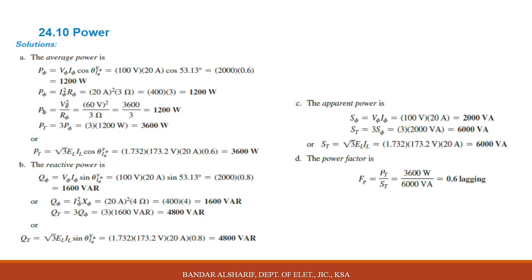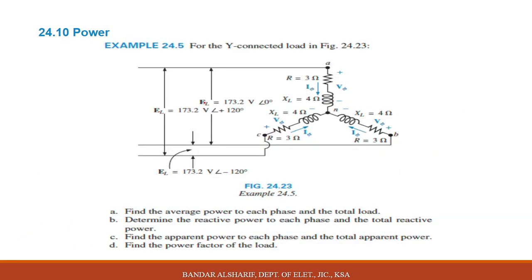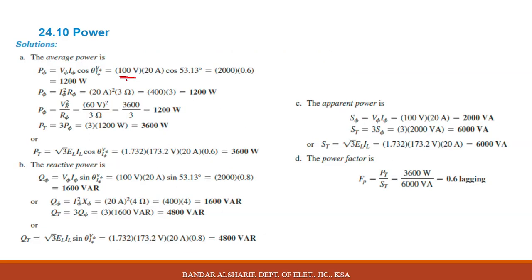We have different options to solve. As we mentioned before, either multiply V phase by I phase by cosine, and we have this information. Where did we get 100? It is not mentioned in the question, but the line voltage is mentioned, and this is a Y connection. Divide 173 by root 3, you will get 100 as a magnitude, and the current we got is 20 ampere. From where did we get 20 ampere?